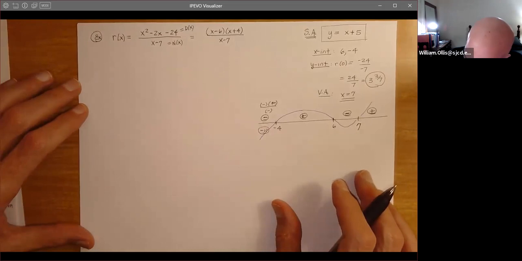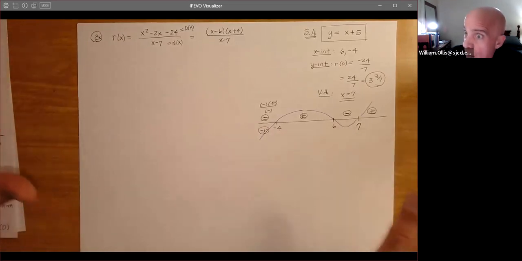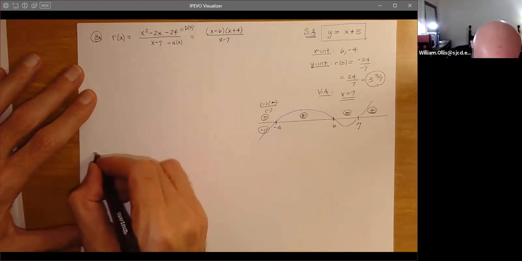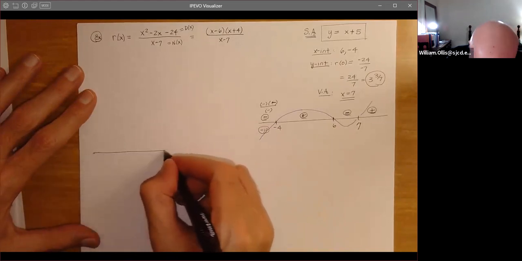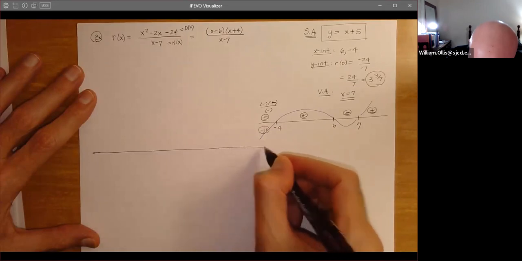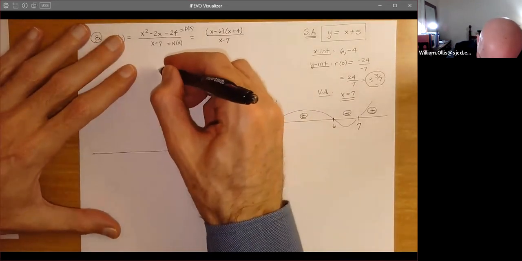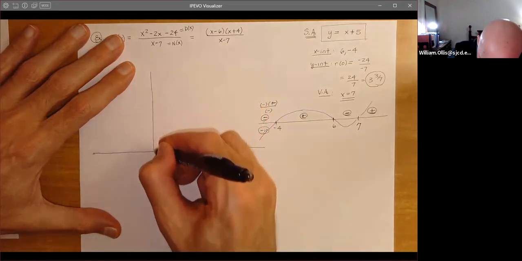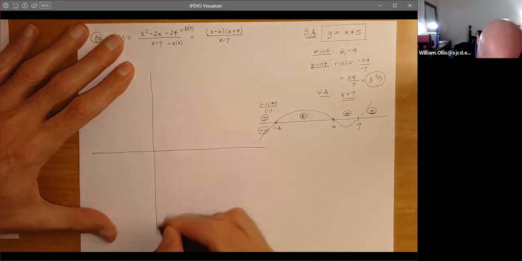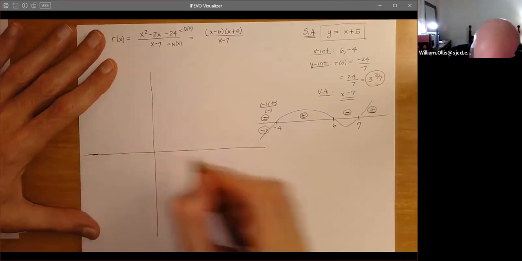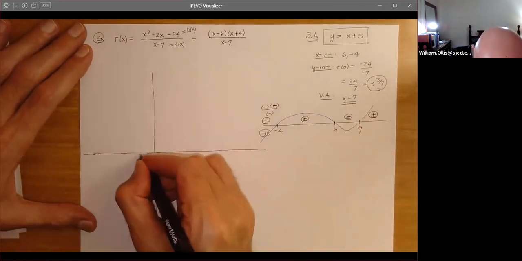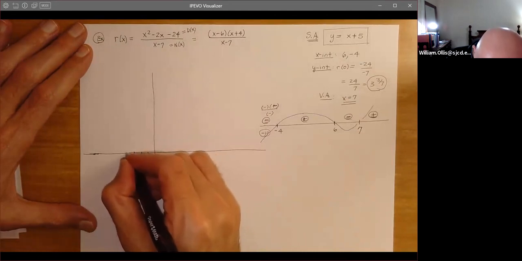Now, okay, well, we've got everything. Now we need a graph, right? Let's do the graph. We'll spread this out as much as we can. Now let's see, intercepts, we got a -4. So 1, 2, 3, 4, -4 right there.